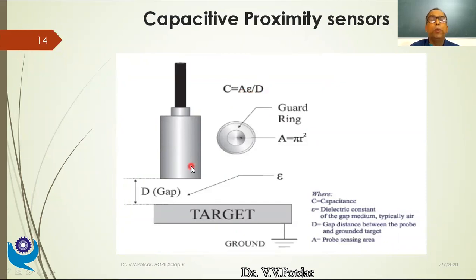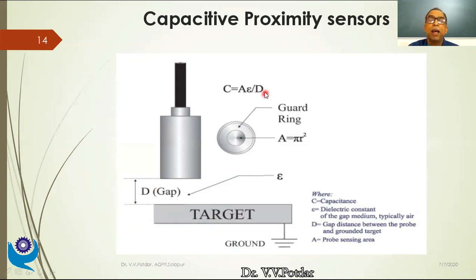So this is the probe. When the target is not there, the gap would be different and the capacitance that is developed would be different. In my balancing circuit, the potential drop without the target will be some VC, the capacitive voltage drop. When I have some target or obstruction, this gap changes. Without the target, this distance would be this much, and with the target, this distance would be this much.